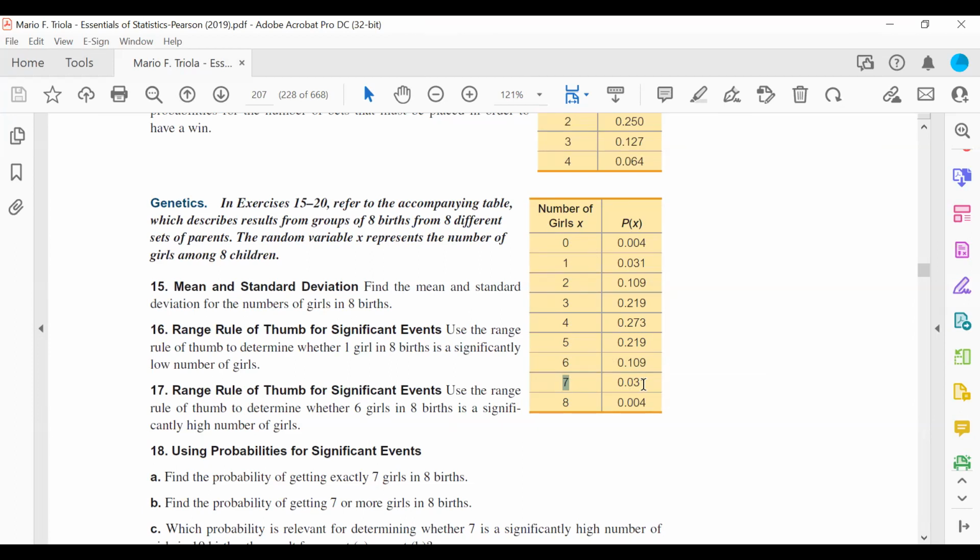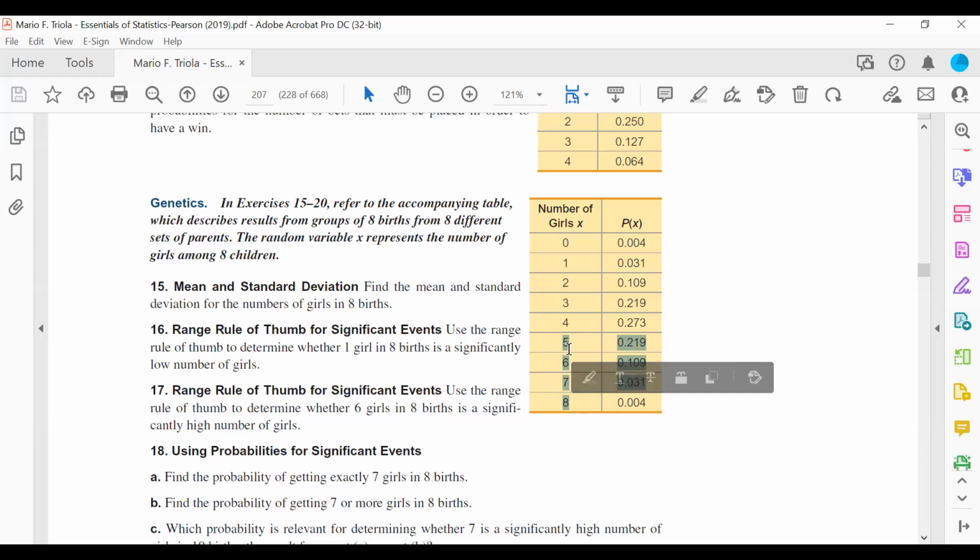All right, now what if the problem read, find the probability of 5 or more? What does 5 or more mean? Well, it's starting at 5. You're going to count upward.